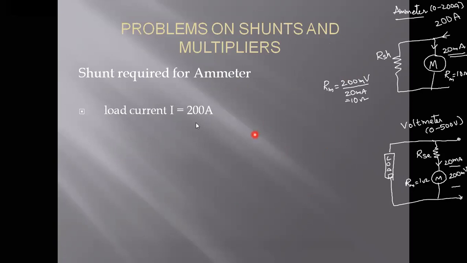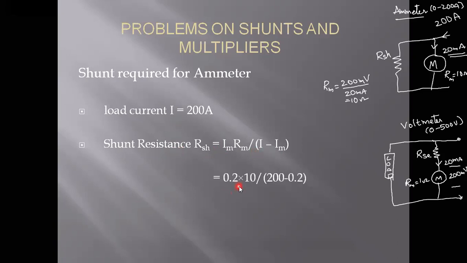For the load current, we want full scale deflection at 200 amperes. Now we just use the formula of shunt resistance, Im Rm by I minus Im. We know Im is 0.2, so 0.2 into 10 by 200 minus 0.2, and it is going to be 0.001 ohm.